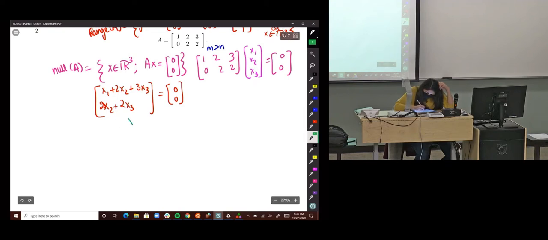If I choose x1 to be some A, then my equations become 0.